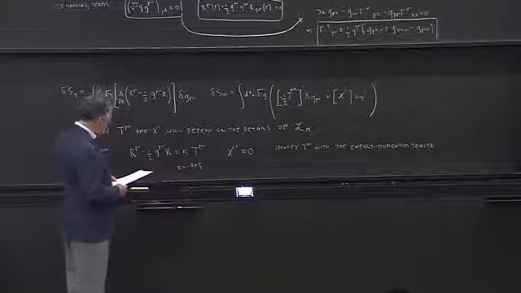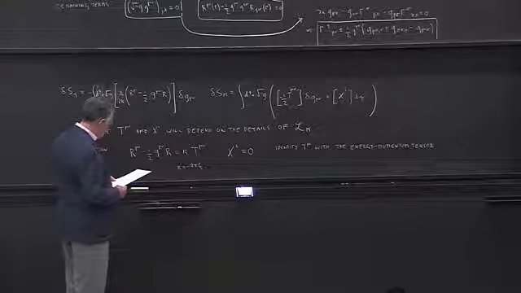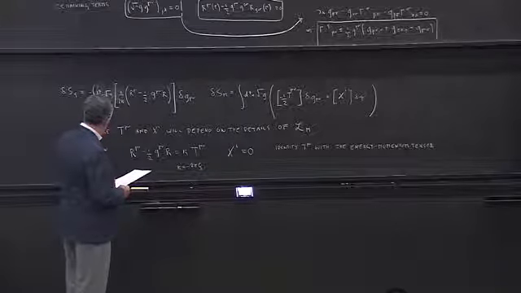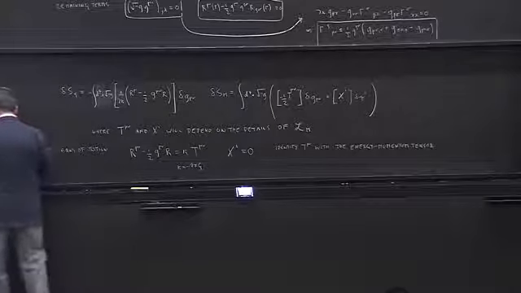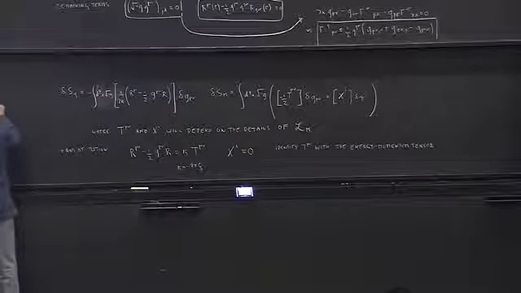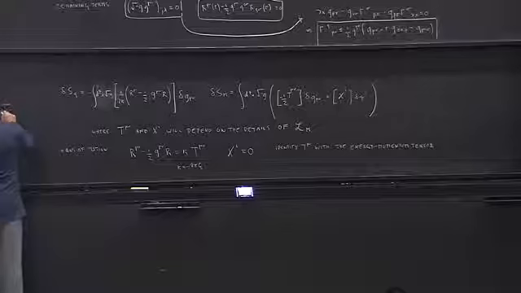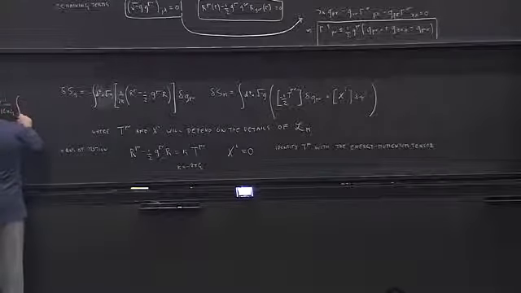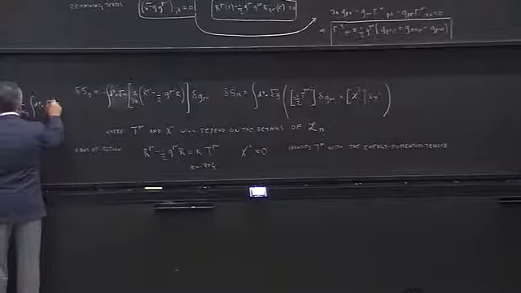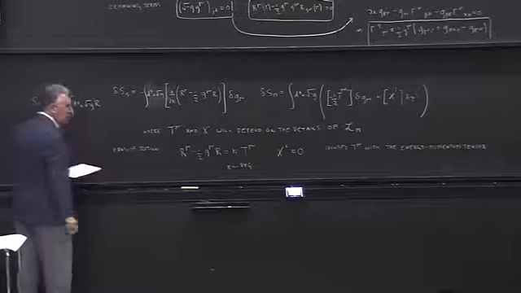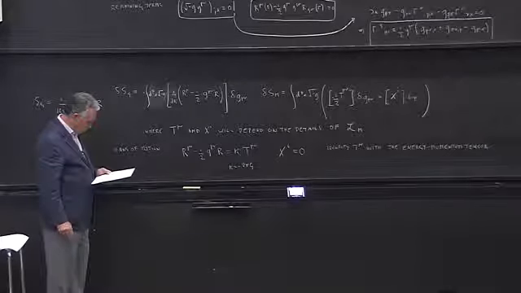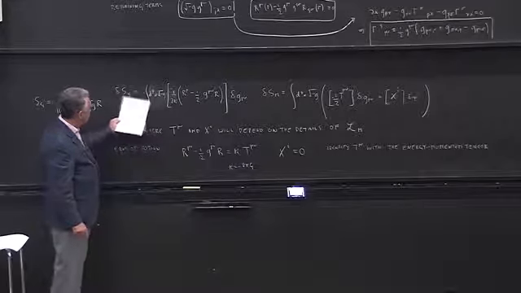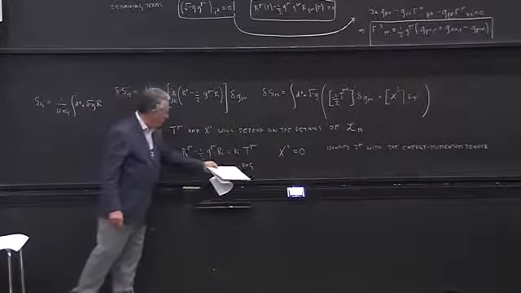So you get the Einstein tensor plus the energy momentum tensor equals 0. Yes. My Lagrangian is 1 over 16 pi G integral d4x square root of minus g R. So there's a minus sign here, which compensates for the minus sign there.